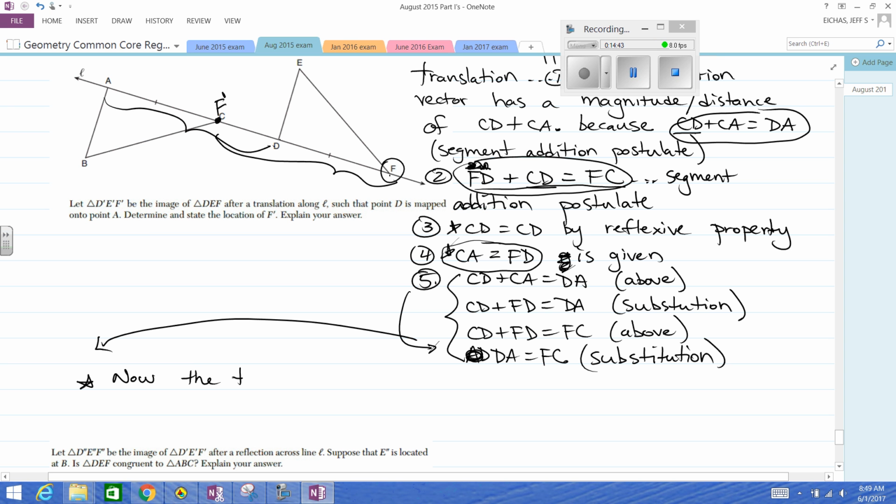Now the translation vector D to A is the same magnitude as F to C.